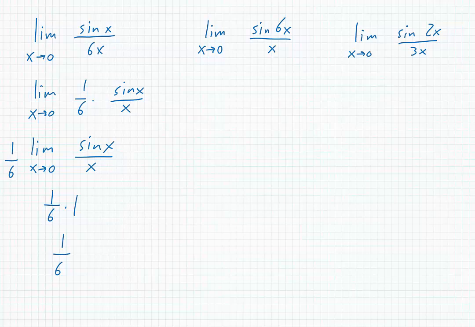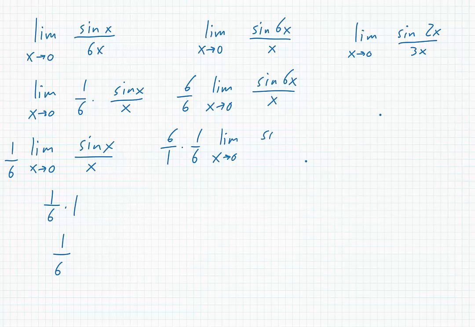In a somewhat similar vein, on the next one, we have the sine of 6x over x. We need to end up with a 6 in the bottom. So we'll start by multiplying by 6 over 6 on the outside, times the limit as x approaches 0 of the sine of 6x over x. Then we'll think of that as 6 over 1 times 1 over 6, times the limit as x approaches 0, sine of 6x over x.